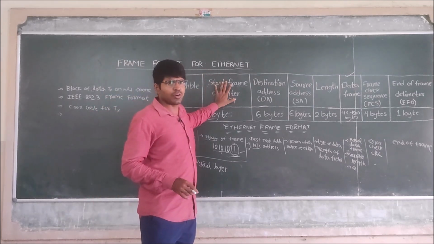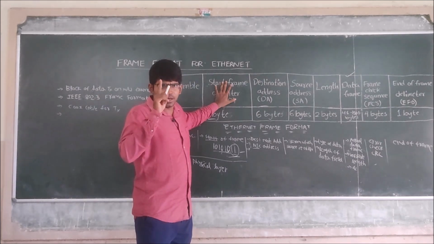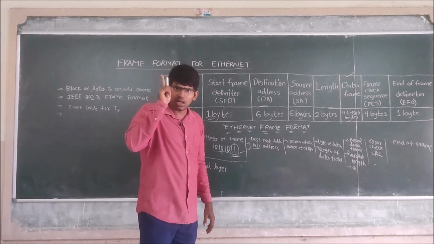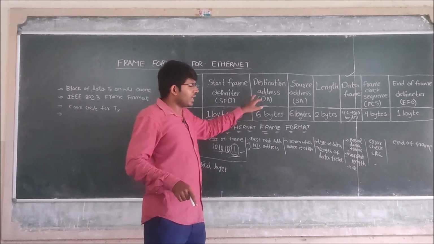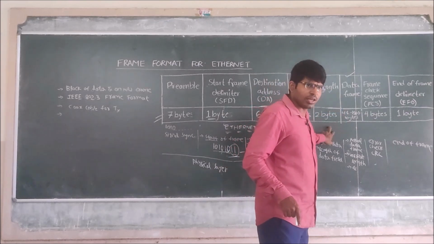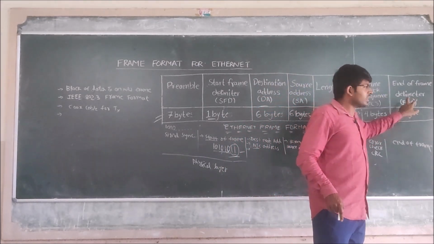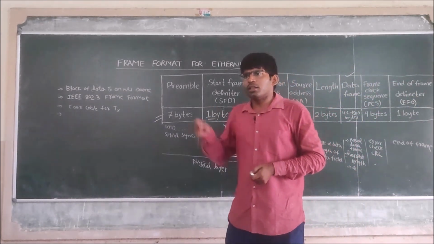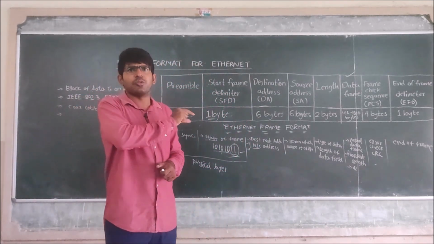Next, the start frame delimiter, a 1 byte, 10, 10, 10, and finally 11. This is the last indication for synchronization. And then the destination address, the source address, the length of the data, the data we are sending, and the error detection code. This is the end of the frame. That's how IEEE 802.3 defines the frame format.